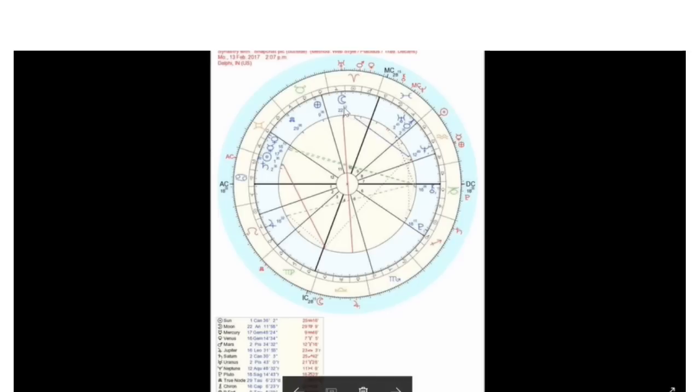And look at that. Abby's Moon is at 22 degrees of Aries, conjunct Uranus. So her Moon was triggered off by Uranus. Her descendant was hit by Pluto. The point of interest in Gemini is in her 12th house, and where her body was found is actually conjunct her Mercury as well.